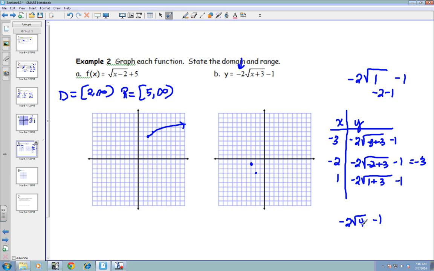Square root of 4 is 2. So -2 times 2, that's -4 minus 1, so that's going to be -5. So at 1, I have 1, 2, 3, 4, 5. This point right here must be wrong. Oh, no, it's not. See, here's what it looks like.